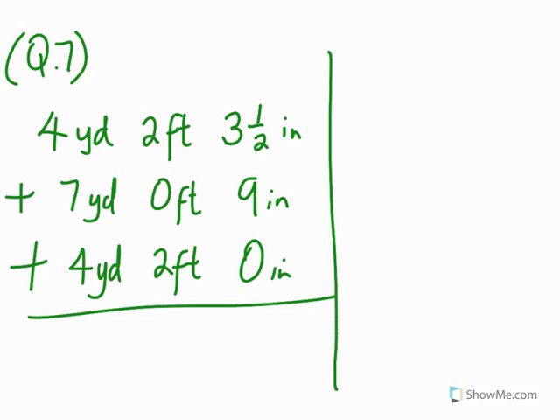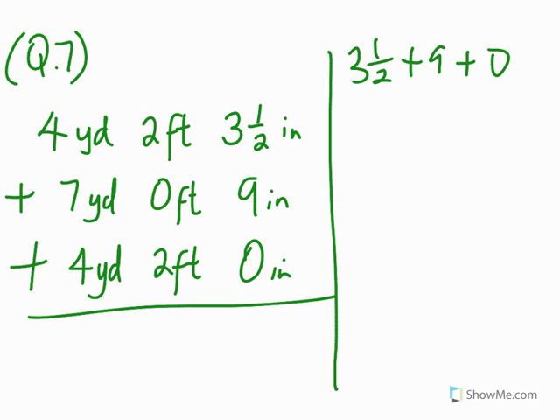Okay, as usual, we add it up from the smaller unit. 3 1/2 plus 9 plus 0, we have 12 1/2, because this is like saying 3 plus 1/2 plus 9 plus 0. So we have 12 1/2. You can also solve it as a fraction. It's not a problem.